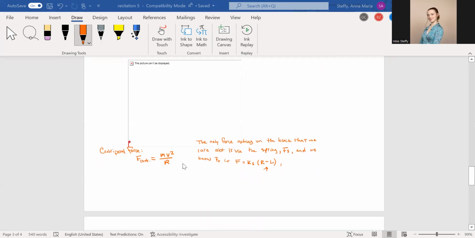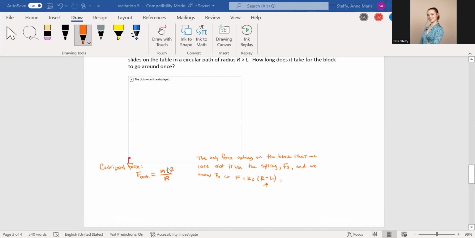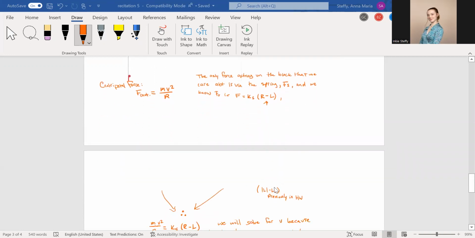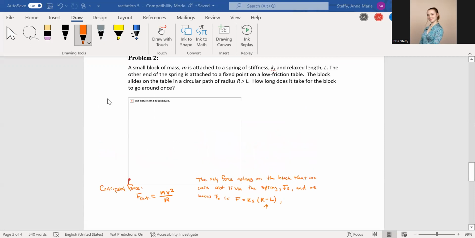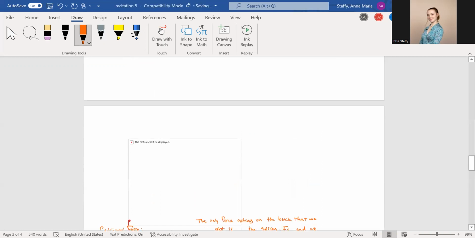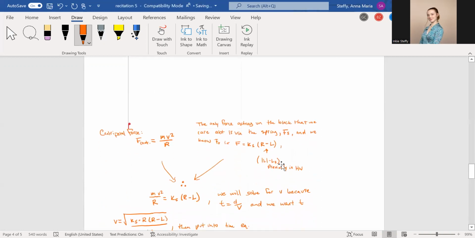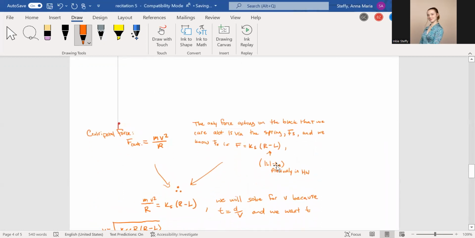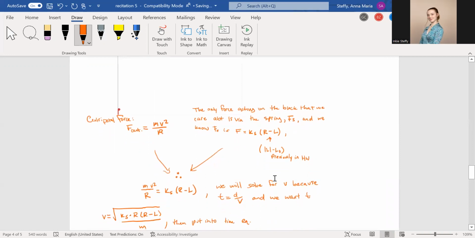And this is something I took from my notes. The only force acting on the block that we care about is the spring force Fs, and we know that Fs is this, which I have, this should be together, hopefully. And I have that it's just the difference.